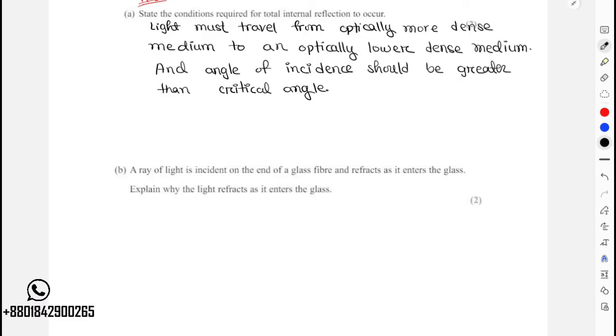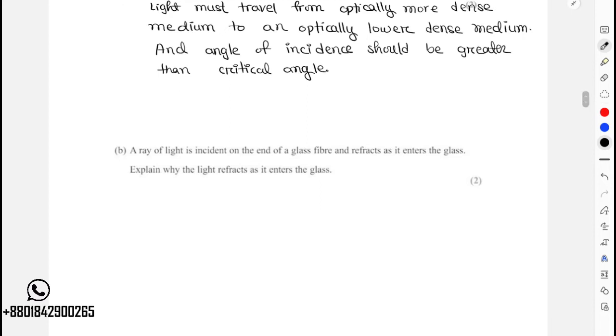That is because whenever it enters inside the glass, there will be a change in medium. It will move from low dense medium to high dense medium. In high dense medium, it will have a lower speed, at a lower speed it will have a lower wavelength, and because of a change in wavelength, it will change its overall wave direction, which will cause the refraction to occur. So we can write it like this.